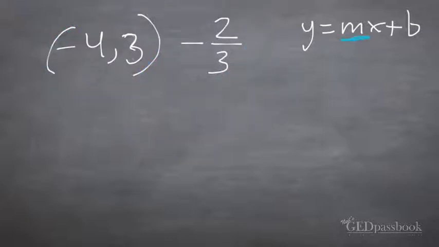What's my m? -2/3, right? What's my x? Well, if you remember, points are written as xy, right? So my x is -4. What's my y? 3. You just get all those infos and you throw it into y = mx + b.